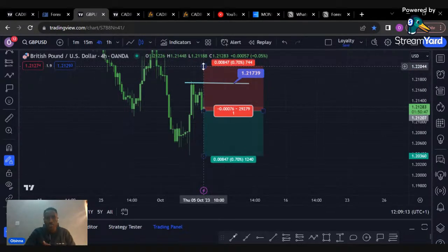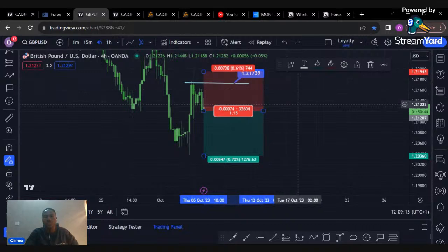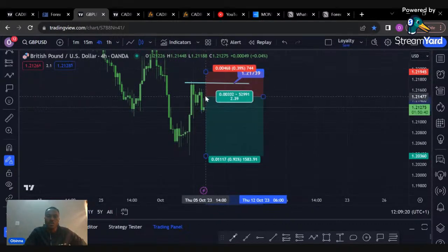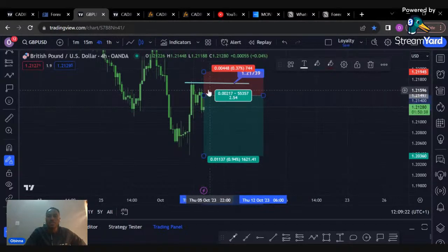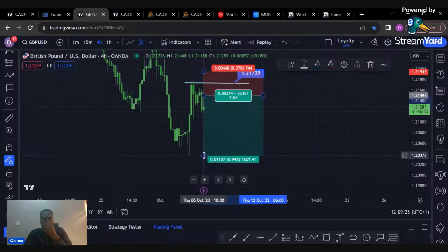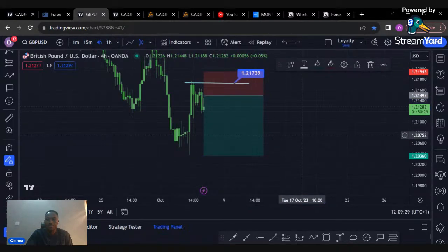But like I said about GU and GJ, they usually have this fake out. So it's always good to use pending orders, maybe a sell limit, if price will come back to this place, trigger you so that you can at least have a 1 to 2.5 risk to reward ratio here.